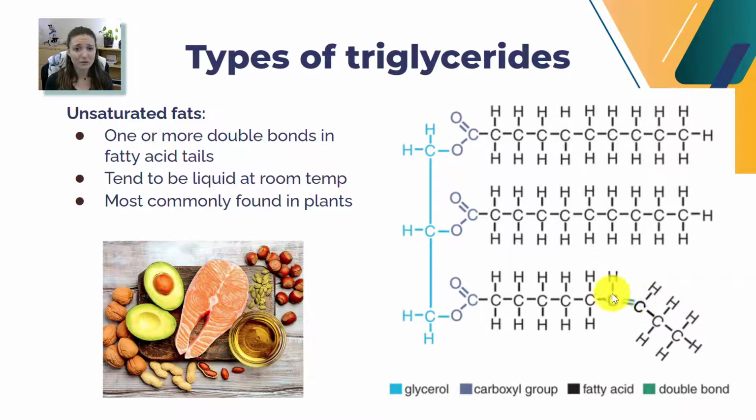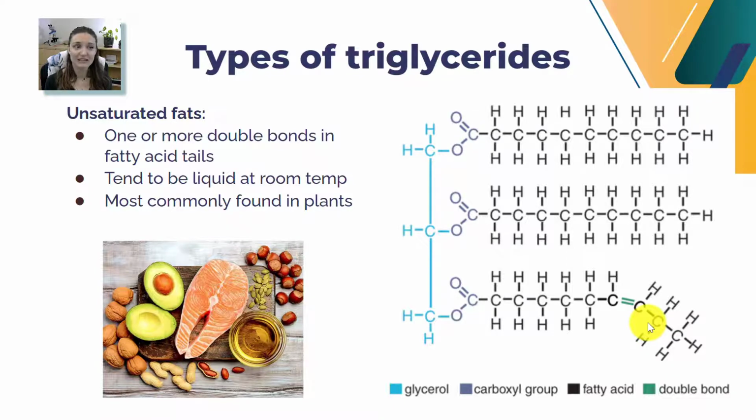We might have more than one double bond, and depending on where they occur, that can give these fats very different and specific names. I just want us to know that unsaturated means there's a double bond, which causes a bend in the fat tail, and that they're not saturated with hydrogens, and that they tend to be liquid at room temperature.